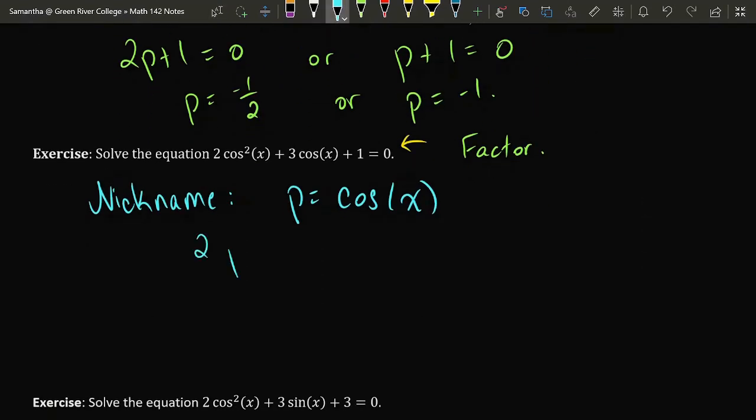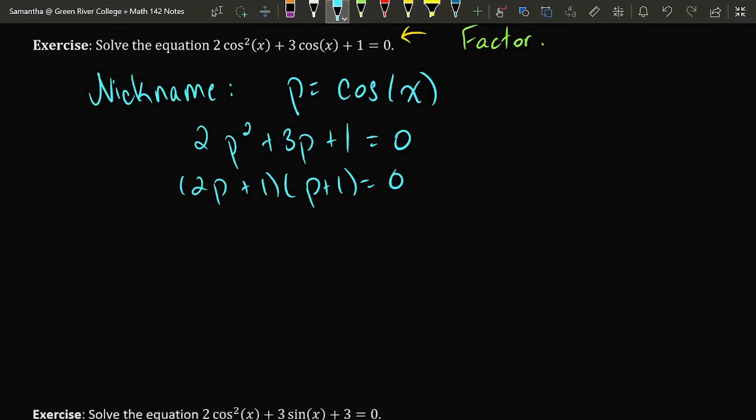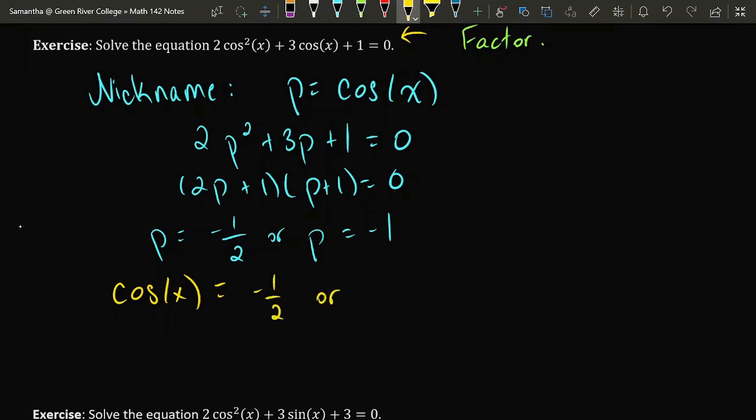That way we get the equation 2p squared plus 3p plus 1 equals 0, which we can factor using algebraic techniques. And by using zero product property, we can conclude that the values of p are equal to -1/2 or -1. And since p in this problem was just our nickname for cosine, we can conclude that cosine needs to output either -1/2 or cosine needs to output -1.